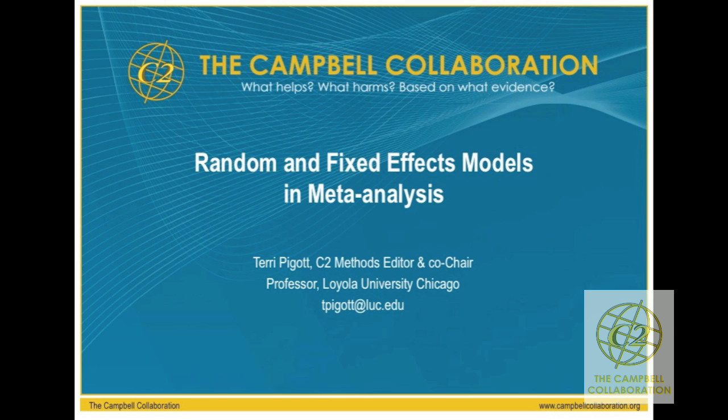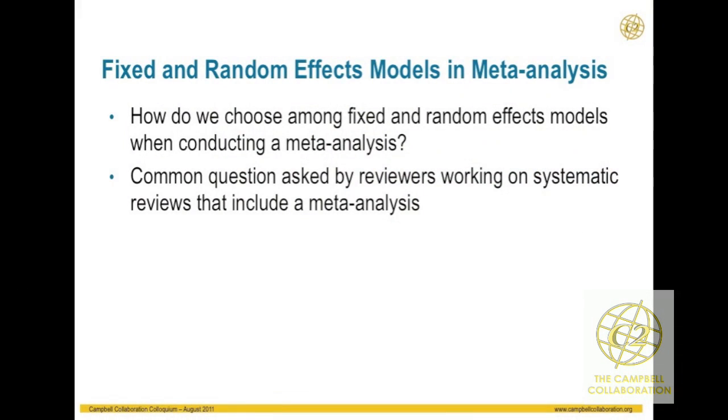Okay? So, what do we do in a typical statistical analysis? We try to get our means and our standard deviations. We want to look at the distribution of our effect sizes. And so, before you do that, one of the first choices you have to make is whether or not we're going to choose between fixed or random effects models.